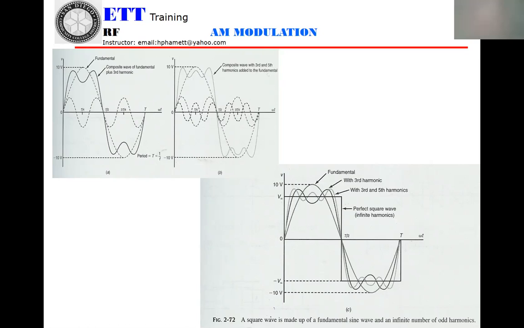Okay, now I can tell you. If they ask you what is the bandwidth for a 1 kilohertz square wave, you must ask them something before you can answer.